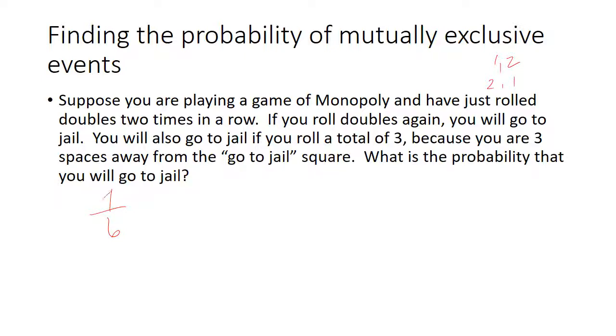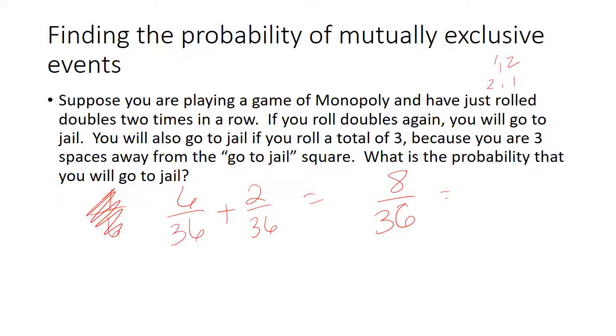So let me put this back at the 36. There's 6 in 36 chances of doubles, and then there's 2 in 36 chances of rolling a 3. So altogether, we would say there are 8 in 36 chances of rolling a double or a 3. So we would just add those 2 probabilities up to get our probability of going to jail.